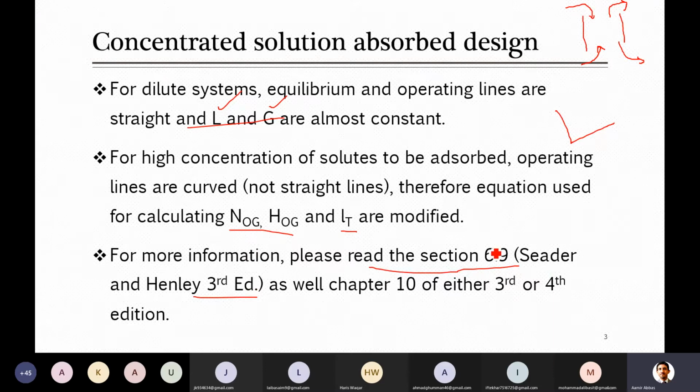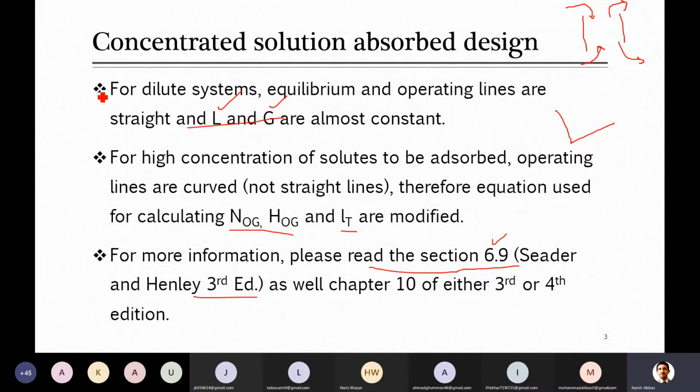In the fourth edition the chapter ends at 6.8, but in the third edition, 6.9 is related to this system, and he has talked about and modified the equations which were already discussed for the dilute system. When you have to use those for concentrated systems, the equations are provided there.